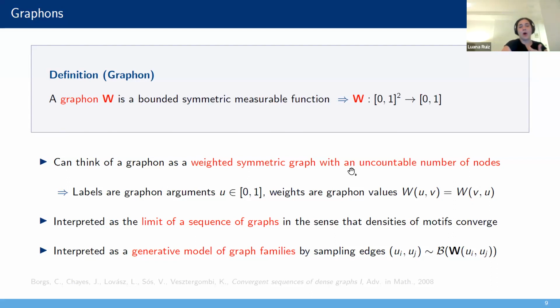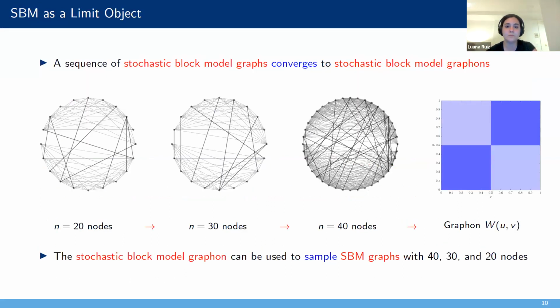So this object can be interpreted both as the limit of a sequence of graphs, in the sense that the densities of certain motifs in these graphs converge. And alternatively, it can also be seen as a generative model of graph families that can be generated by sampling edges (u_i, u_j) Bernoulli with probability W(u_i, u_j). And so because of these two interpretations, we can think of a graphon as identifying a family of similar graphs.